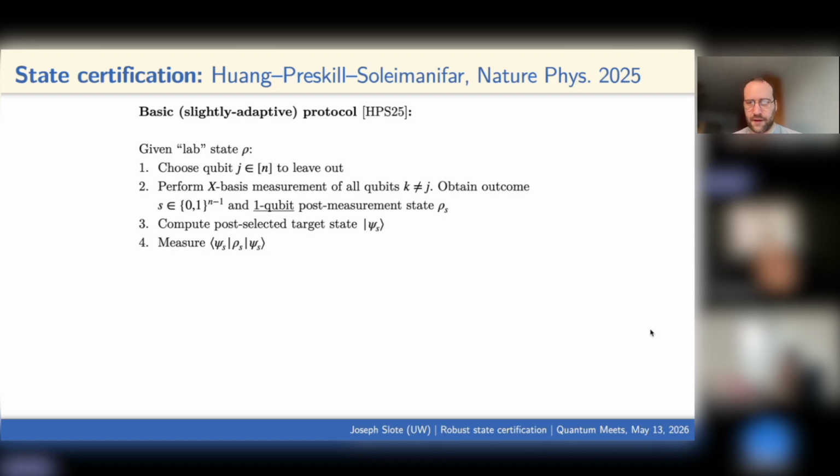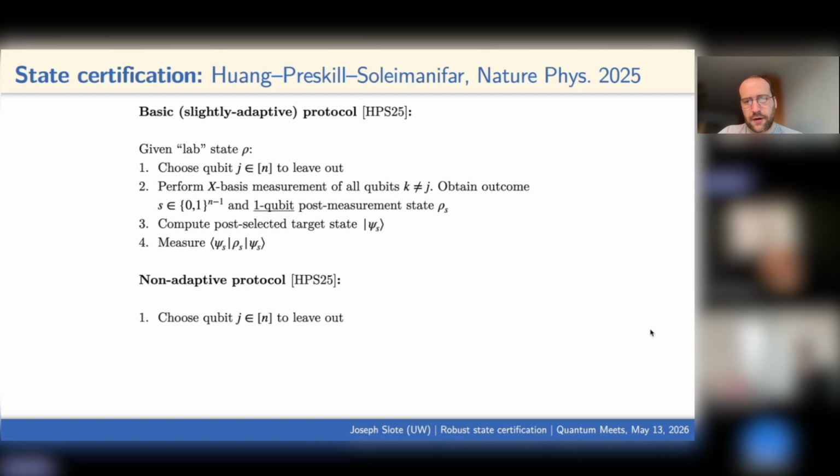And you do some statistics on this. You run this experiment constantly many times, you do some statistics on it, and it gives you a way to certify things. Now this one was slightly adaptive, of course, because we had to compute the last measurement, but you can make it non-adaptive pretty easily.